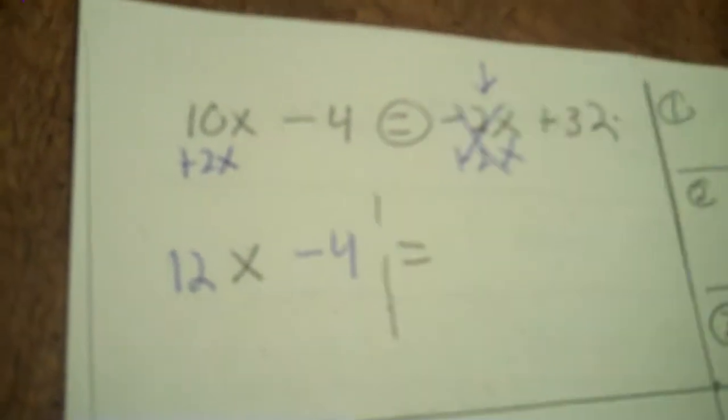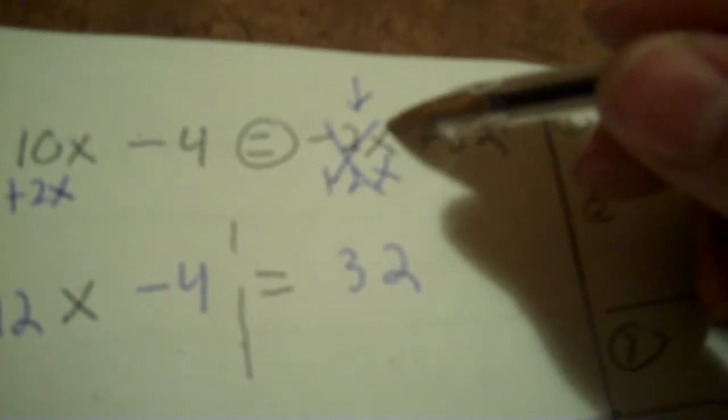Then I go under the 10x and plus the same thing there, plus 2x, plus 2x. So that's 12x, and then minus 4. And then you have 32, but don't put the plus sign. You just put the number 32, because I got rid of this, so the plus sign also goes away.